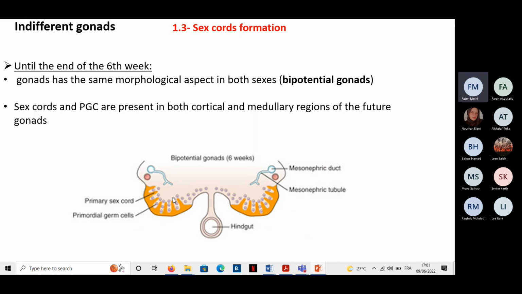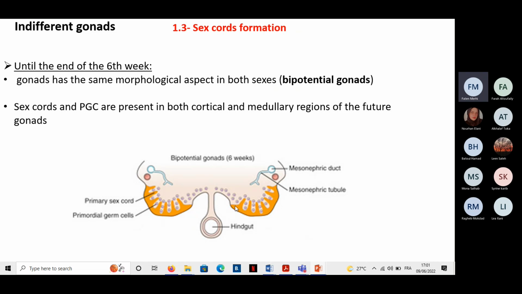So in those indifferent gonads, as we have said, we have formation of those sex cords. Those sex cords will be formed in the cortical region of the bipotential gonad, and cortical means at the periphery.